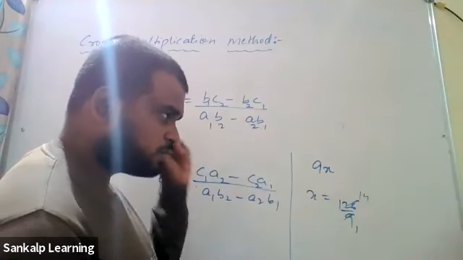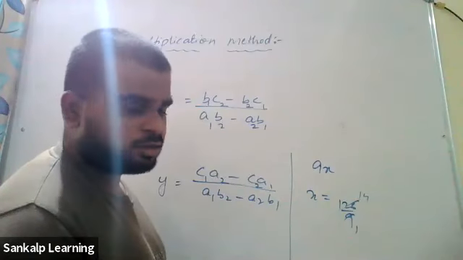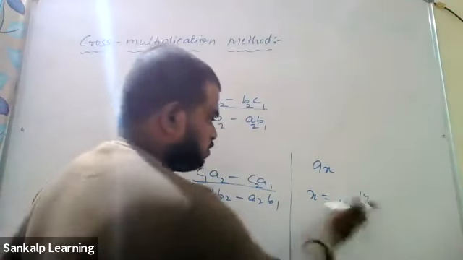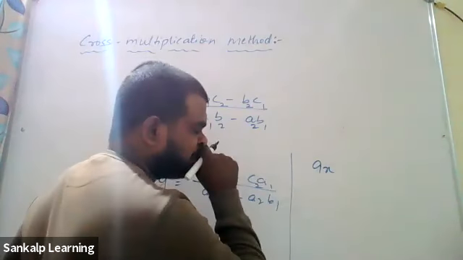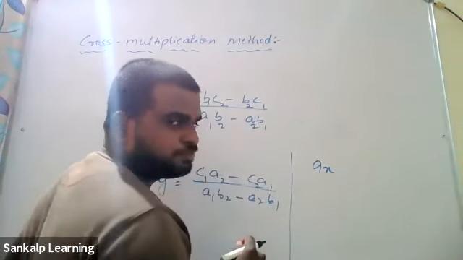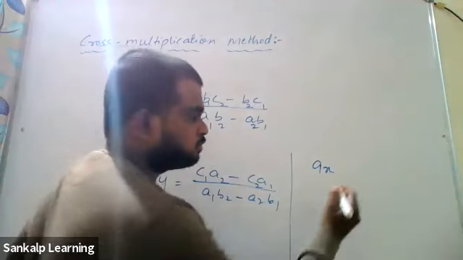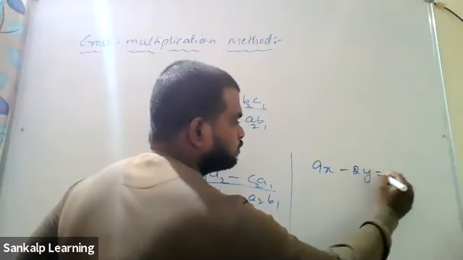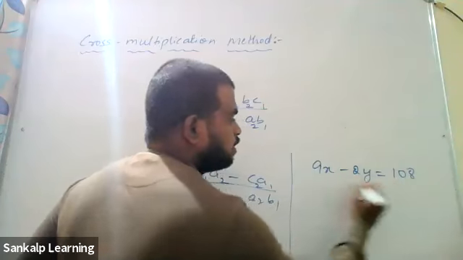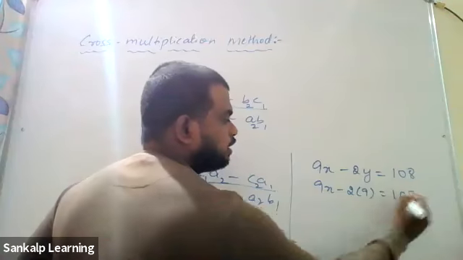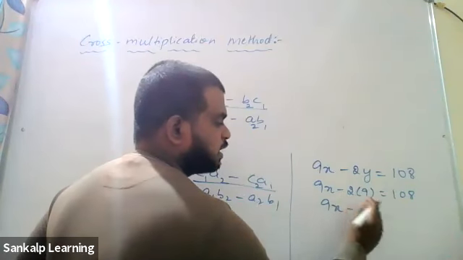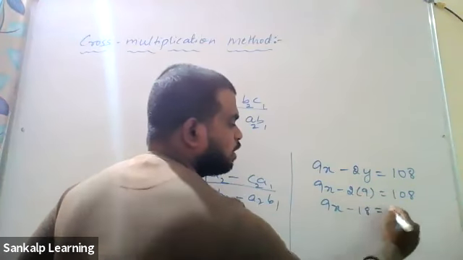No, not necessary. I told it correctly, I guess. What was the equation? 9x minus 2y equals 108. 9x minus 2, y value is 9, equal to 108. 9x minus 2 nines are 18, equal to 108.